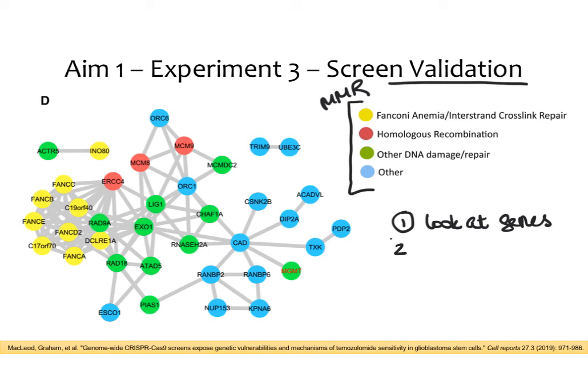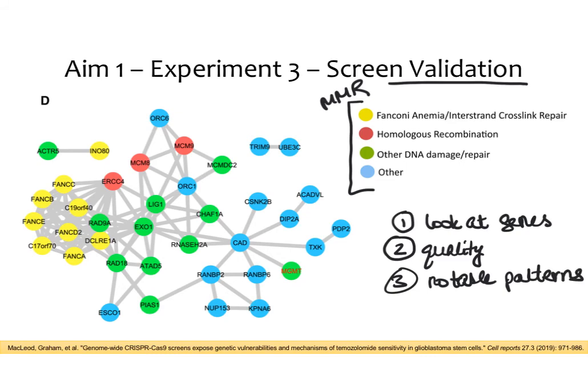You could also try things like looking at the screen quality and making sure there are no quality issues, and looking at your overall gene distributions and seeing if there are any notable patterns. All of these things will tell you that your screen worked.